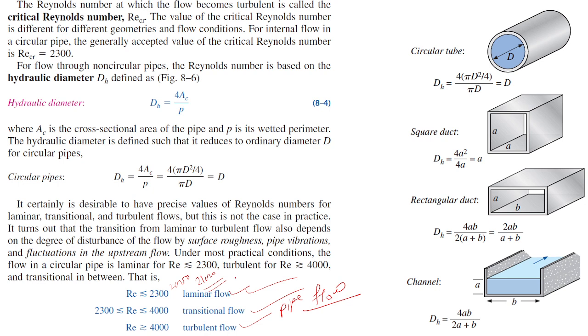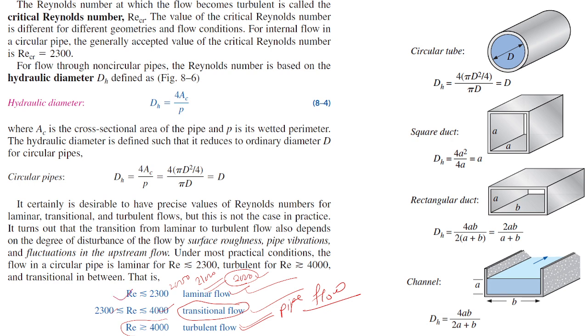But in the exam, you generally use 2000, because I have seen 2000 used in most places in the exam also. Greater than 4000, your flow is turbulent, or in between 2300 and 4000, your flow is transition.